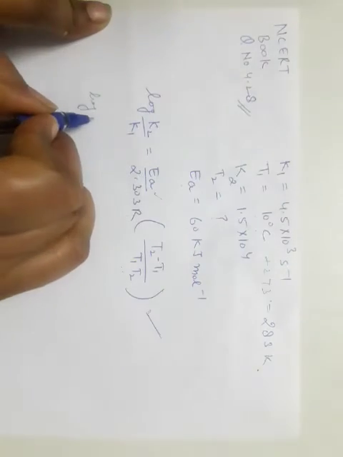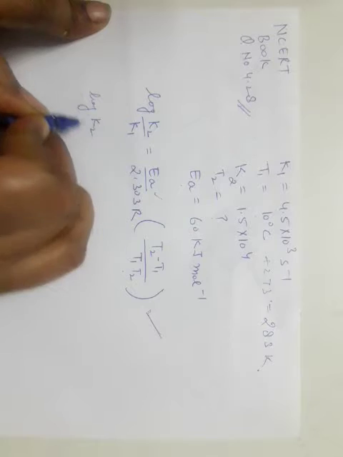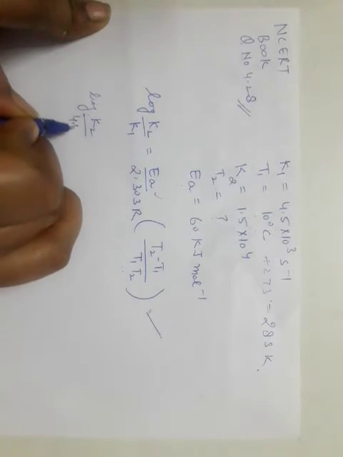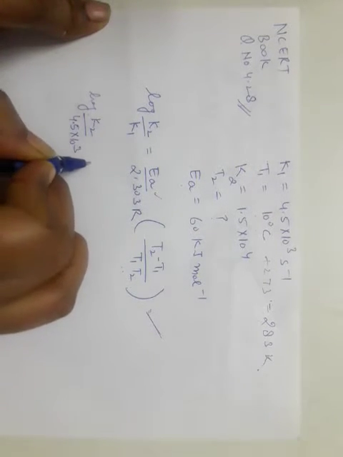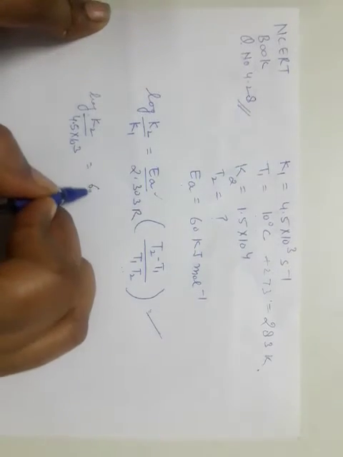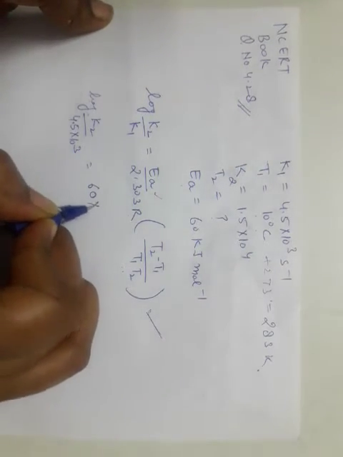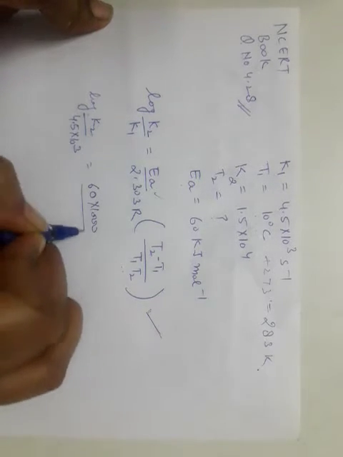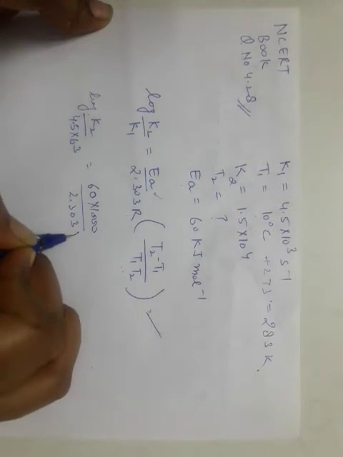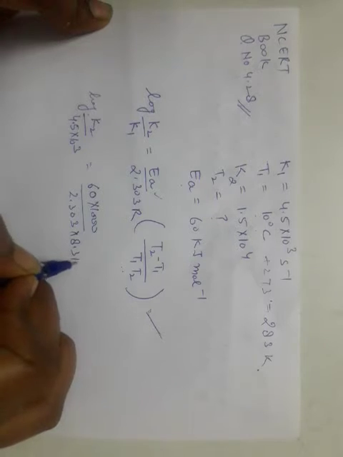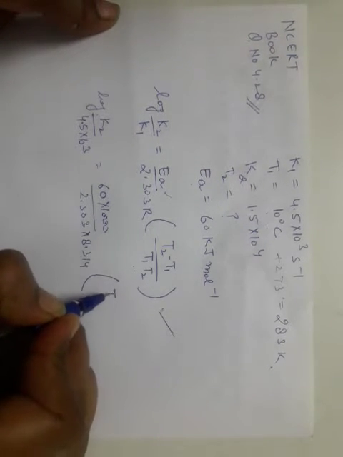Now place the values. Log K2 by K1 we have to find out. K1 is 4.5 into 10 to the power 3. Activation energy is given as 60 kilojoules, convert it into joules. 2.303 R, R is 8.314. We have to calculate the value of temperature T2.